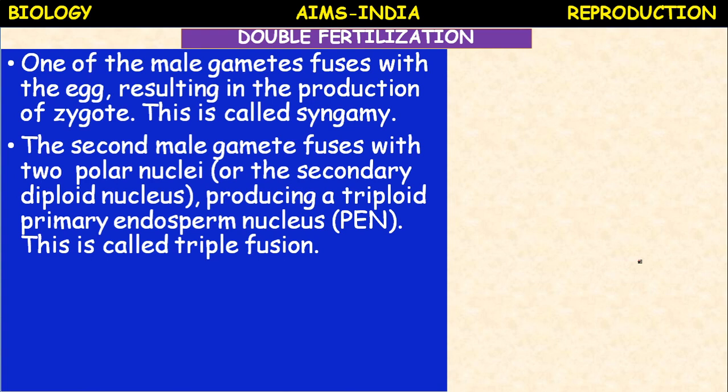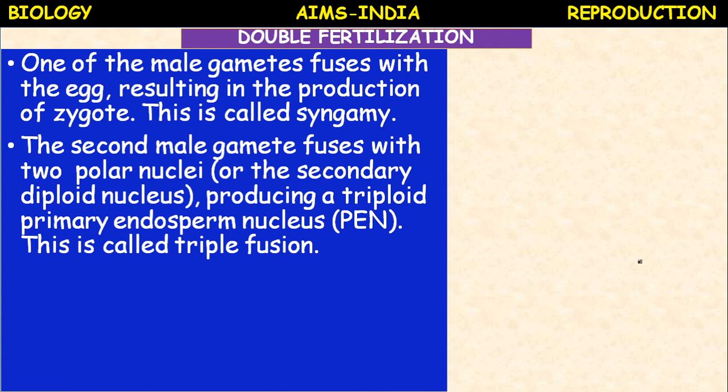The other male gamete moves towards the two polar nuclei or secondary nucleus located in the central cell and fuses with them to produce a triploid primary endosperm nucleus, simply called PEN.